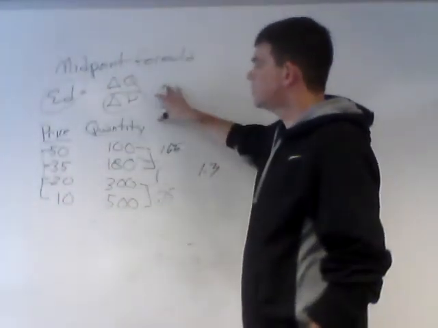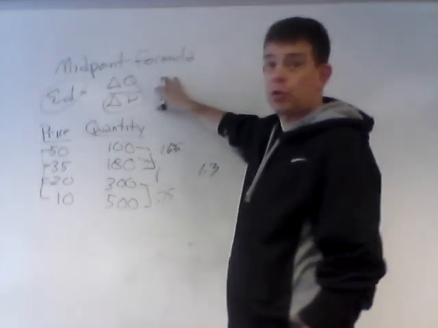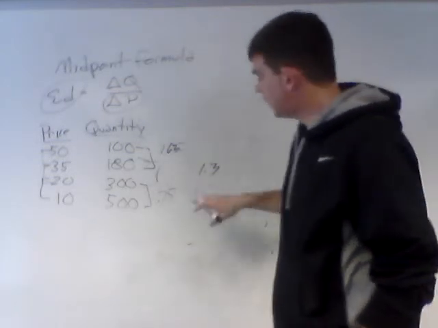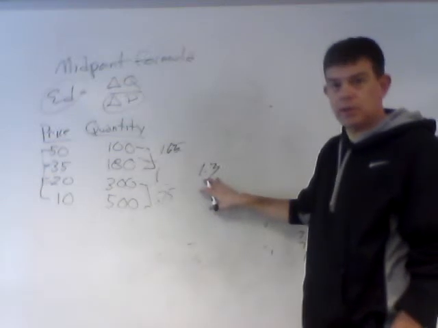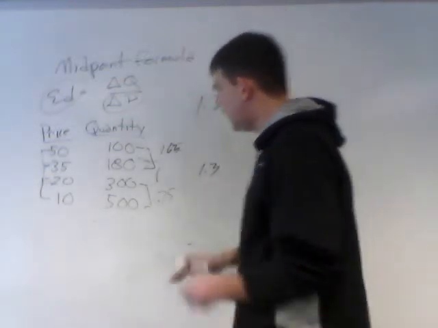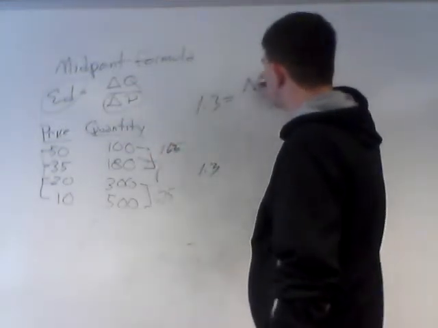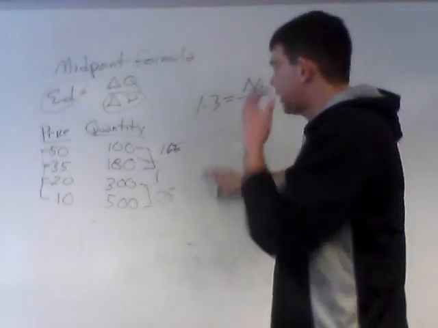So this is really easy to calculate because the midpoint formula will work out real well because we have two of the three pieces. If you're given elasticity of demand, and in this example, it's 1.3. 1.3 will equal the change in quantity, which I don't know, that's what I'm asking, versus a change in price.